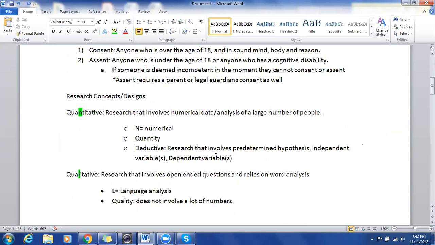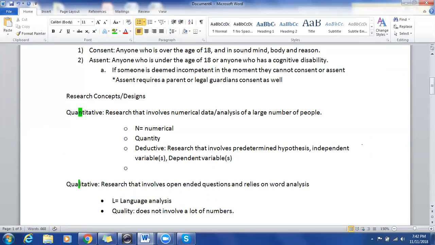It's more or less like, okay, you guys can come if you want. However, if I was doing a quantitative, this would more or less be like, for example, satisfaction surveys.